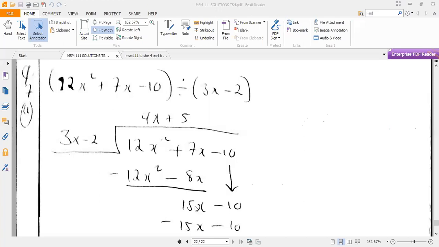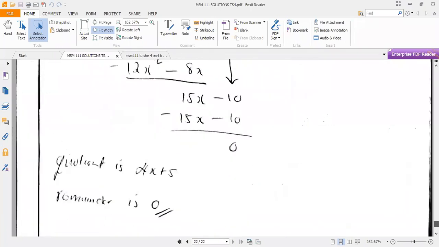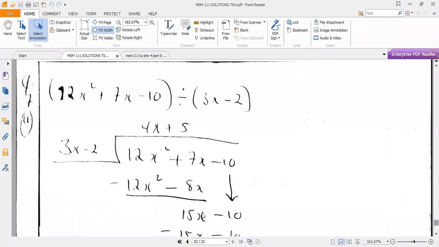So when you have your 15x here, we know that we can divide again. For the polynomial, always keep in mind that when you have not reached a constant, you keep on dividing until you find the constant. But if we had an x squared, I'll show you an example for that one.